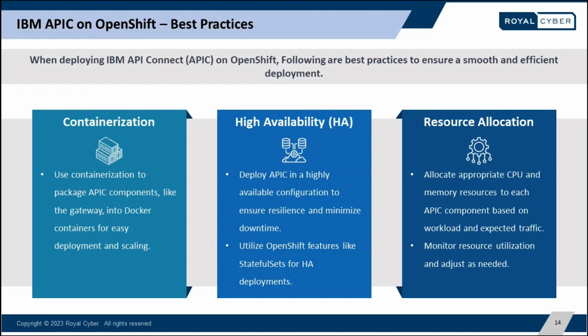We can use stateful sets for HA deployment. For resource allocation, we can allocate appropriate CPU and memory resources to each APIC component based on workload and the traffic we are expecting within our organization. We can monitor resource utilization and adjust as needed, meaning allocate the resources based on the traffic we are expecting.